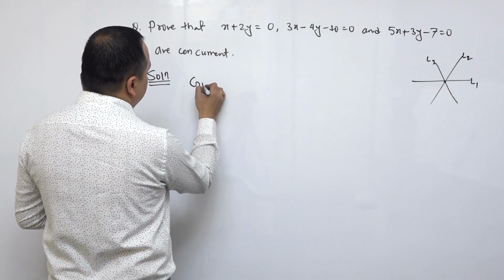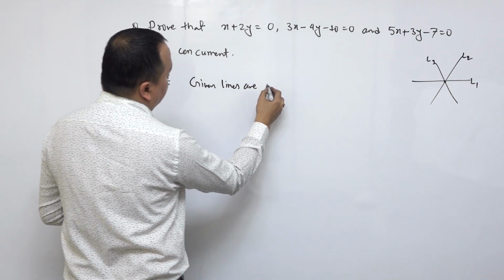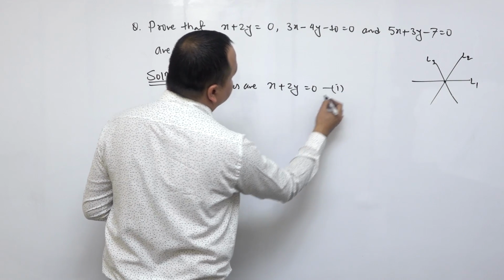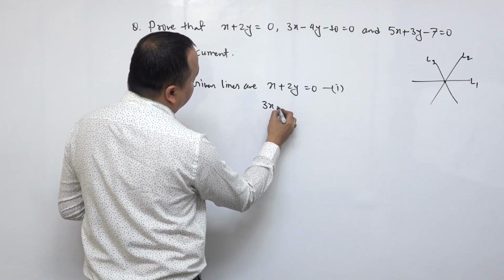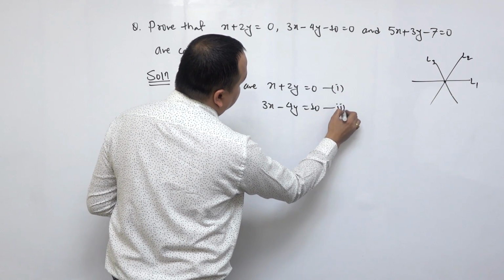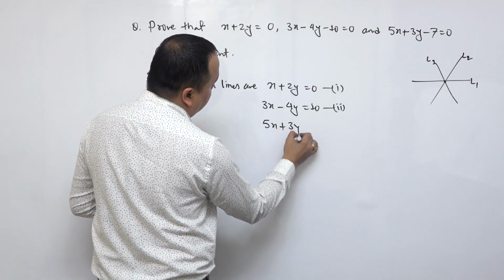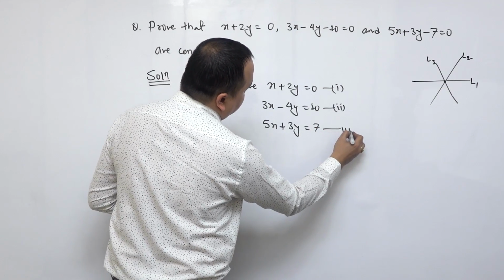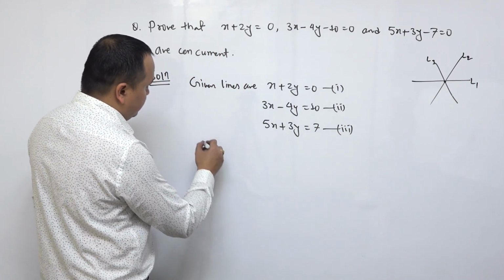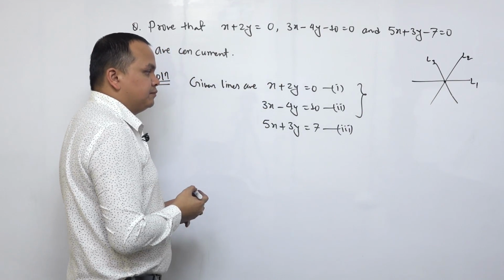The given lines are x plus 2y is equal to 0, equation I, 3x minus 4y is equal to 10, equation II, and 5x plus 3y is equal to 7, equation III. Now solving I and II.